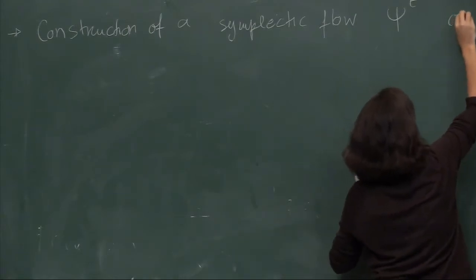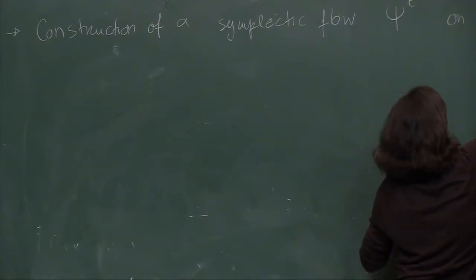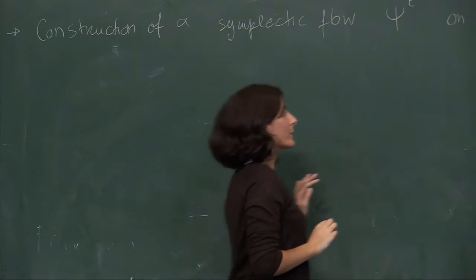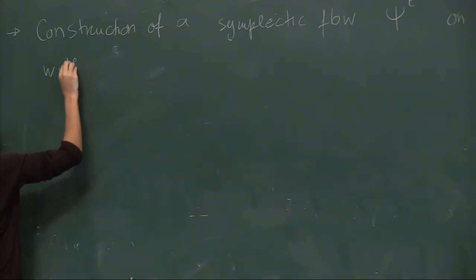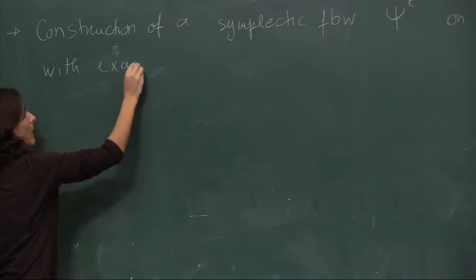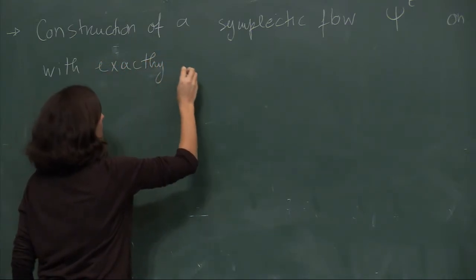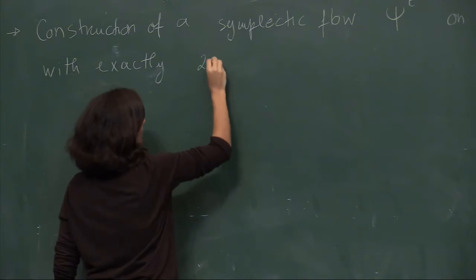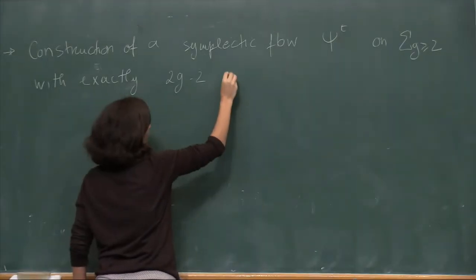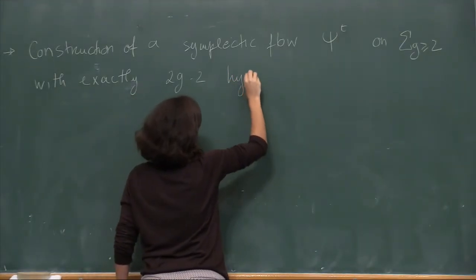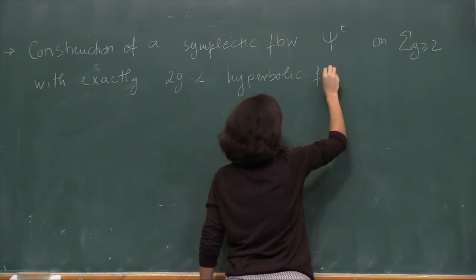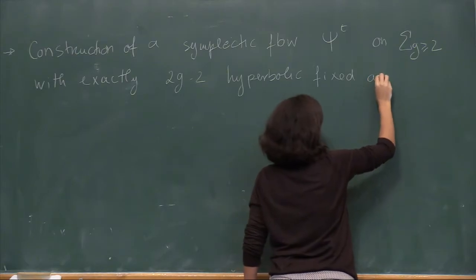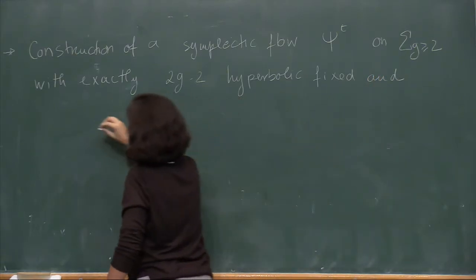On sigma g, with g greater than 1, with exactly 2g minus 2 hyperbolic fixed points and no other periodic orbits.